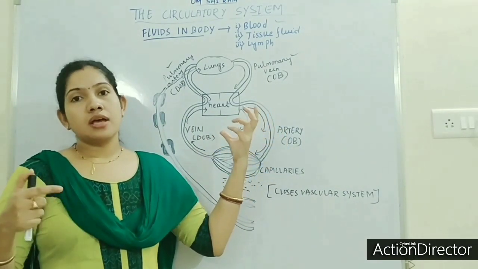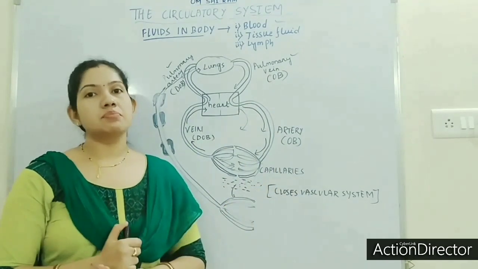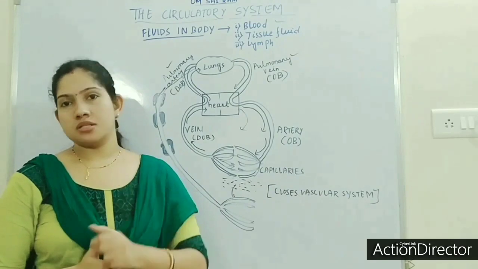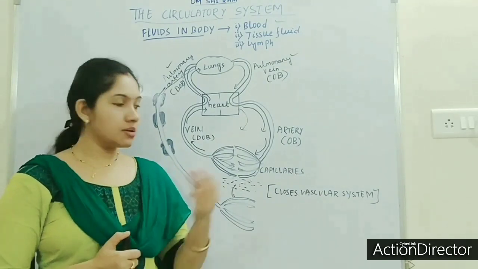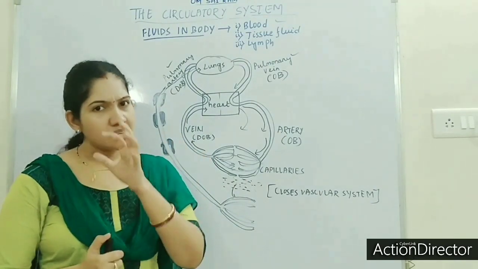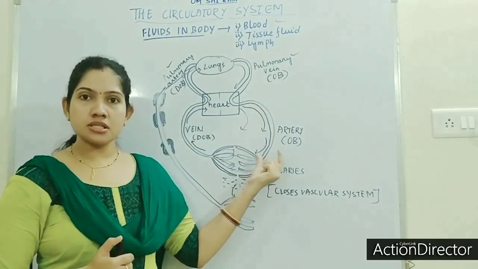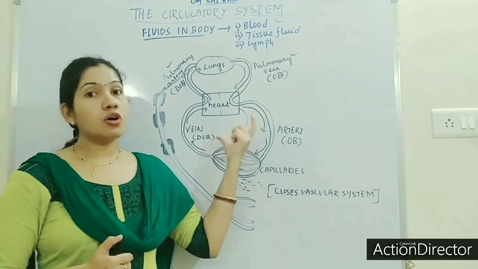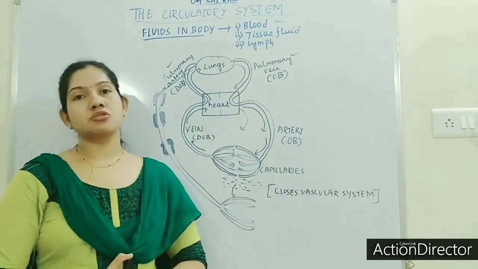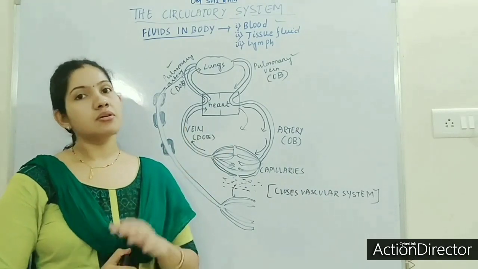They will not have a special blood vessel or lymphatic vessel. That kind of system is known as an open vascular system. Got it? I hope you are now clear about the closed and open vascular systems. Just a difference: in a closed vascular system, blood or lymph flows inside the vessel, but in an open vascular system they do not flow inside the vessel.